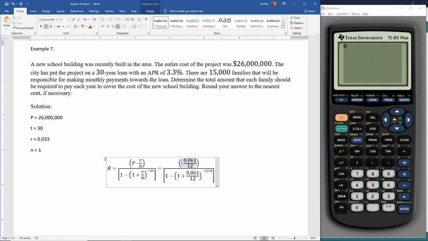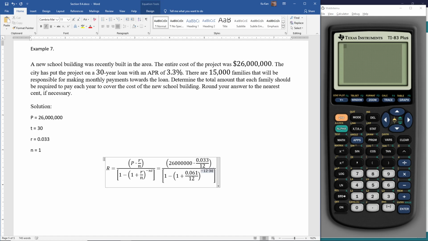This time the principal is 26 million. Big number. And the rate is 0.033 over, I'm sorry, not 12, over 1, because we're saying n equals 1. And we're talking about 30 years.